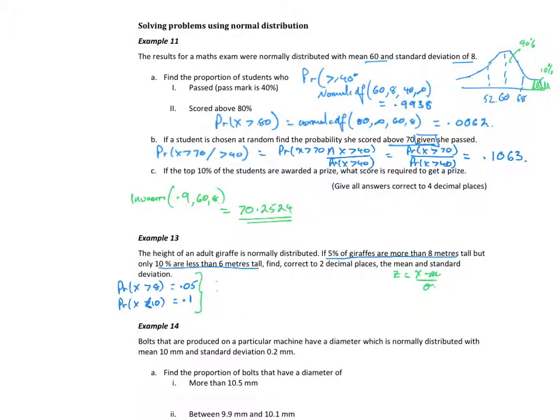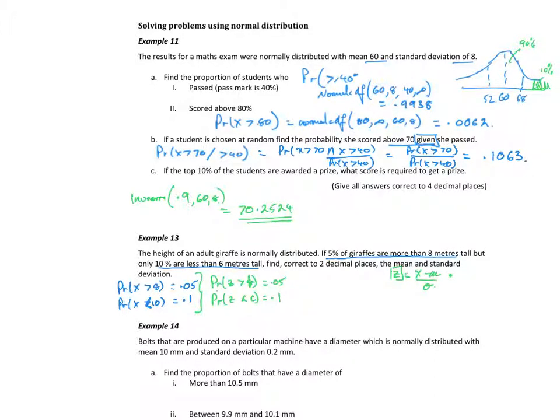So if I can work out the corresponding Z value, the probability that Z is greater than some value B is equal to 0.05, and the probability that Z is less than some value C is equal to 0.1, I can use this formula here.